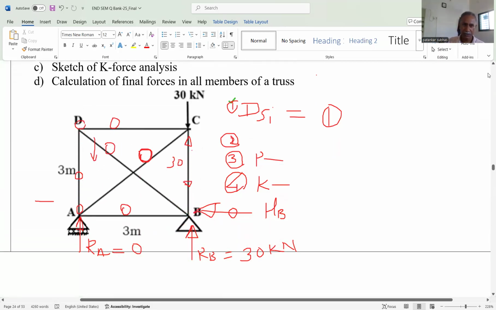Now in K force analysis, what happens? I have removed this force.